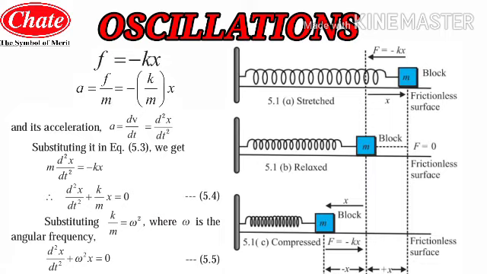From these two equations we have concluded that a = -(k/m) into x. So from this equation we have obtained the derivation for the calculation of the acceleration in terms of k, m and x.